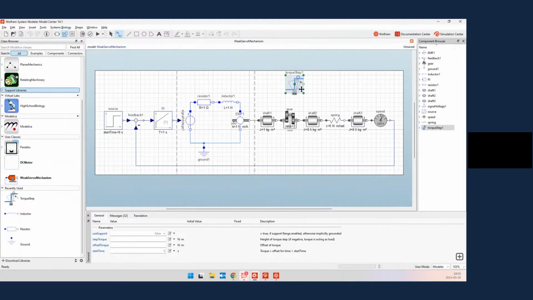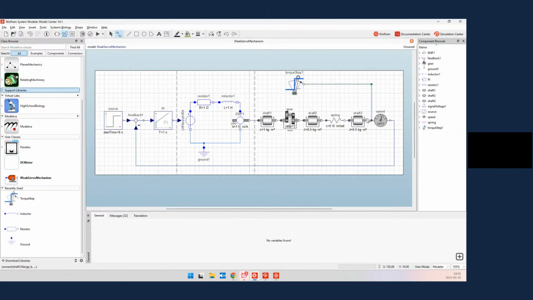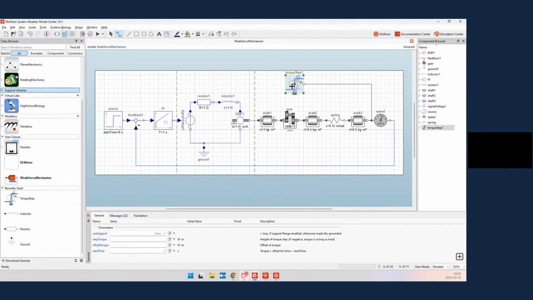Like here, I added a torque step. I will connect it on the outgoing shaft here, and parameterize it to say, for instance, what torque I will apply. Let's say I apply a negative torque of 1 Newton meter.